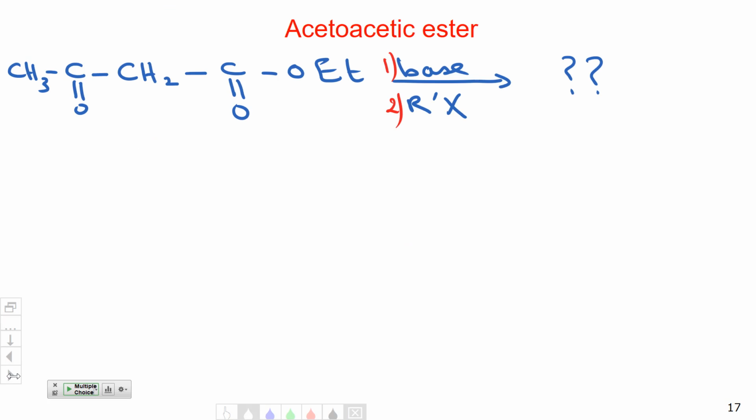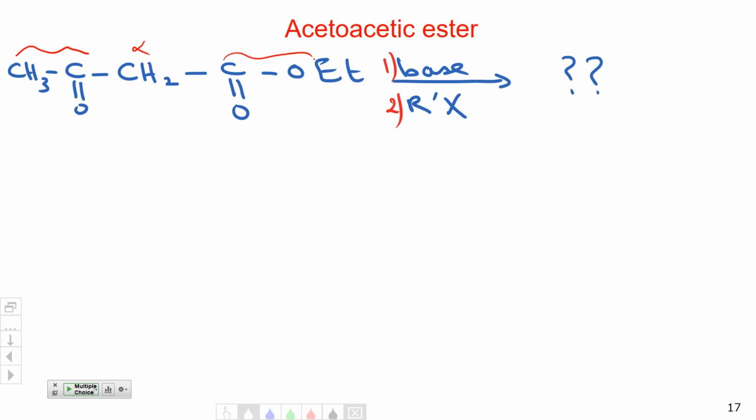Now, another precursor that we start with, and I mean precursors, that means it's going to be very typical, is what we call acetoacetic ester. Aceto, because we have an aceto, which is a methyl ketone, an alpha carbon between it, then an ester.